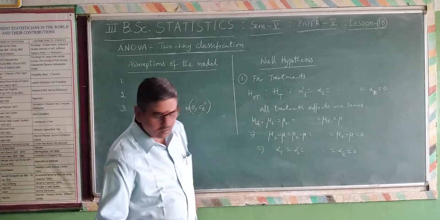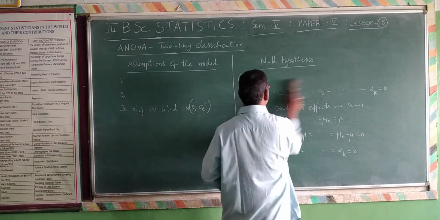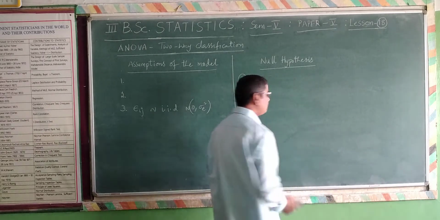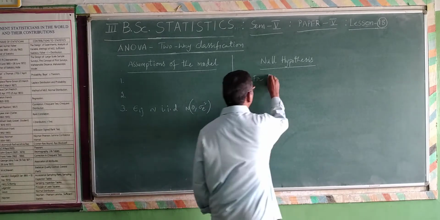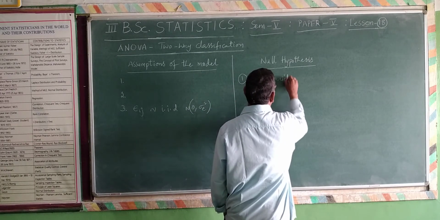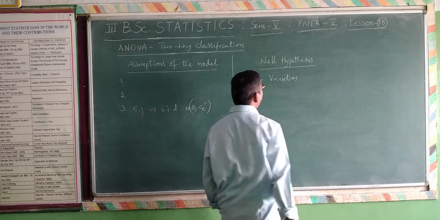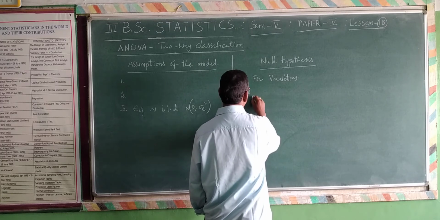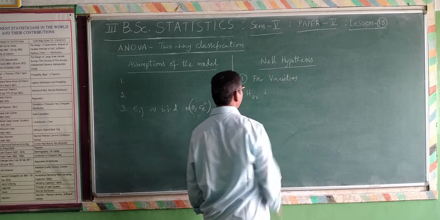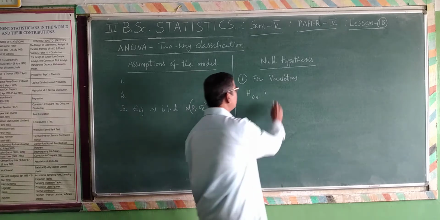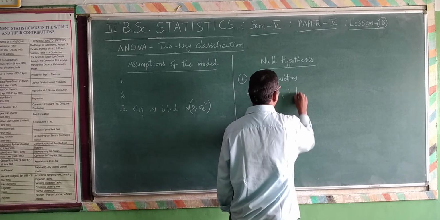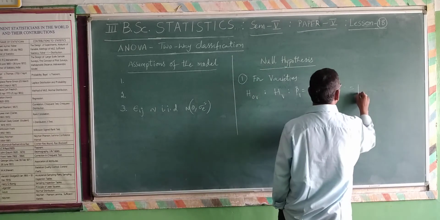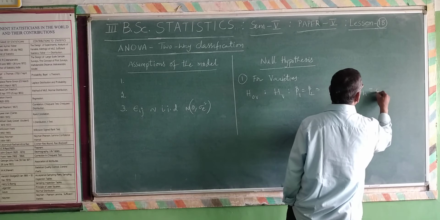Similarly, we consider the null hypothesis for varieties. For varieties, we consider H0V, also written HV. I am writing directly: beta 1 equal to beta 2, and so on, equal to beta H equal to 0.